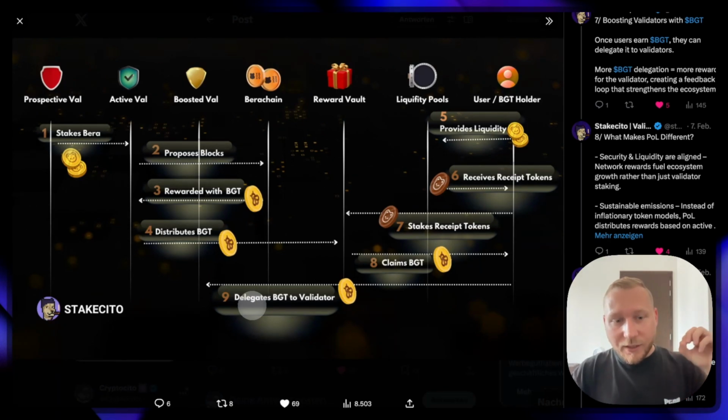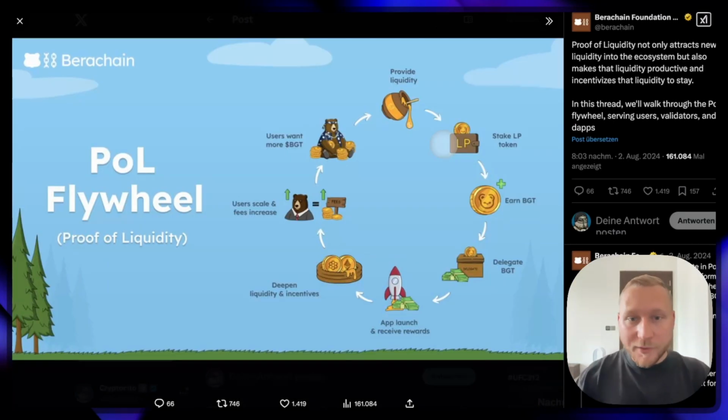And the more BGT you delegate to your validator, the more emissions this validator will have to direct to those reward pools. And that promises to bring this POL flywheel into motion, in which users provide liquidity, stake the LP token, earn BGT, and delegate that BGT to validators. By delegating your BGT, you're also making yourself eligible to earn fees and incentives from the application, which then deepens liquidity and incentives.